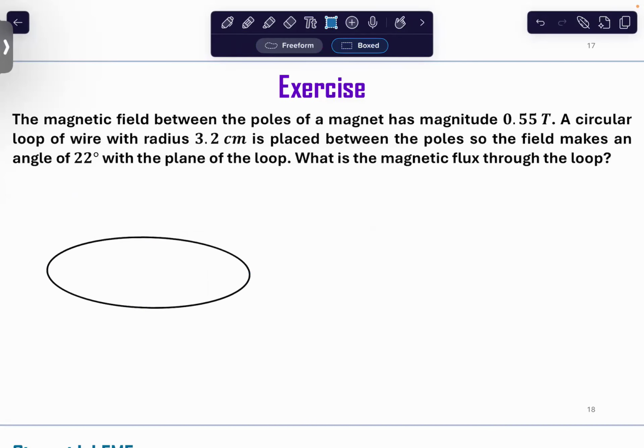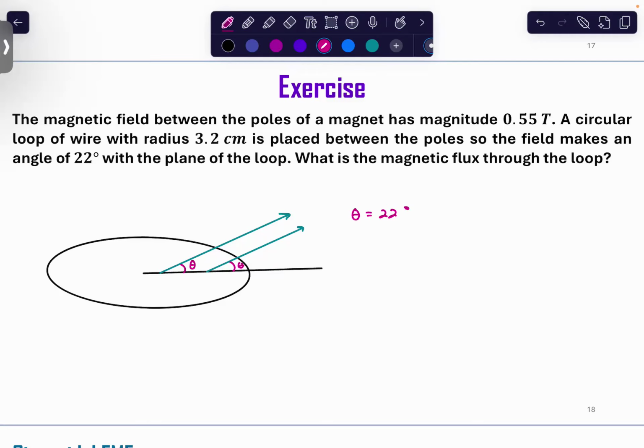Okay, so I'm going to put an axis through here, because then I want to say that I have a magnetic field fluxing through at 22 degrees.